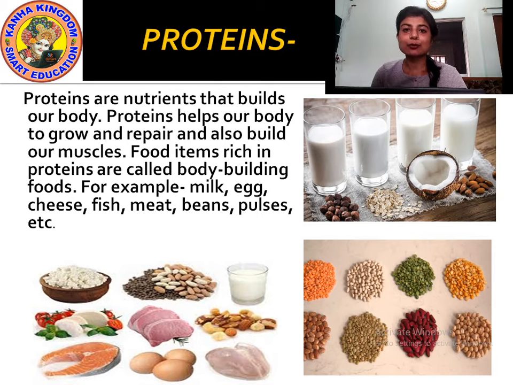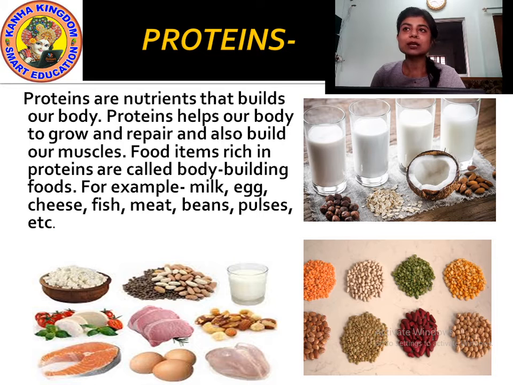Proteins build up our muscles and help us in the growth of our body. If there is lack of protein in our food, our body does not grow well. The muscles will not build up. That is why we need protein in our food.